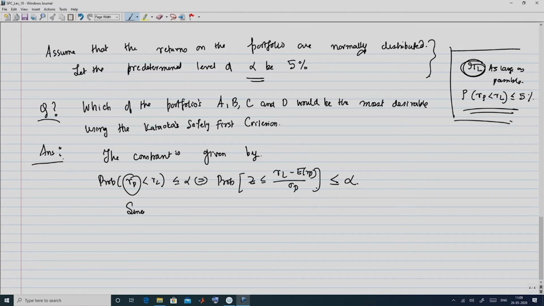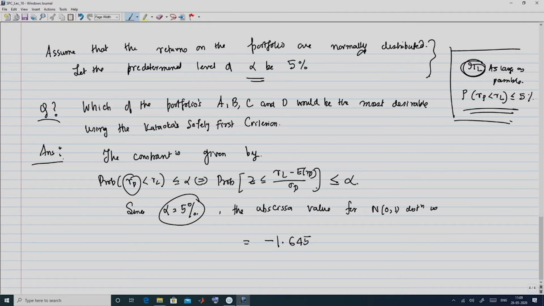Now, since alpha is equal to 5%, the abscissa value, or the x axis value, for the N(0,1) distribution is minus 1.645, and this is equal to RL minus ERP over sigma p.